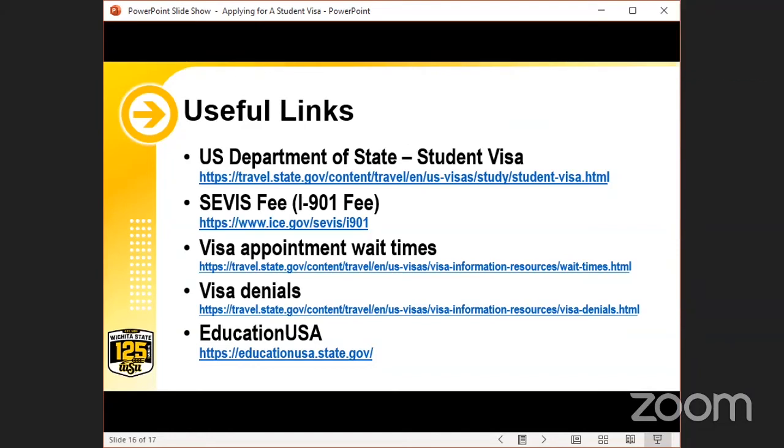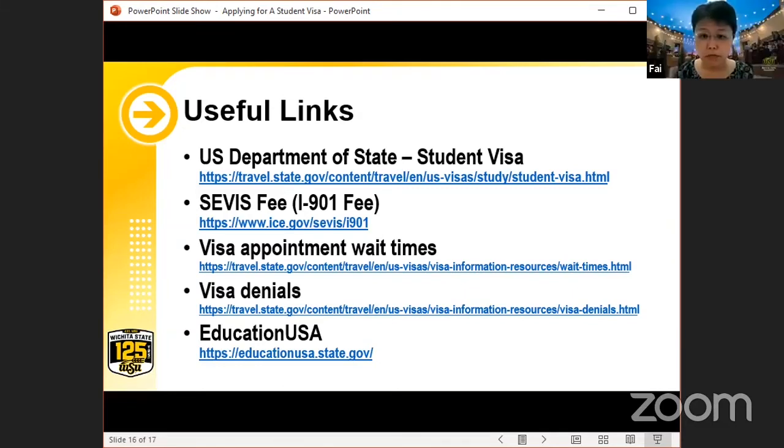Perfect, thank you. And if a student already has a tourist visa, will that help with the process of obtaining a student visa? Yes, usually it is helpful, especially if the student has been to the US and returned home. That shows that you have a stronger tie to your home country, so it does improve your chance of getting your student visa approved. There are also other reasons you can have a higher chance of visa approval.